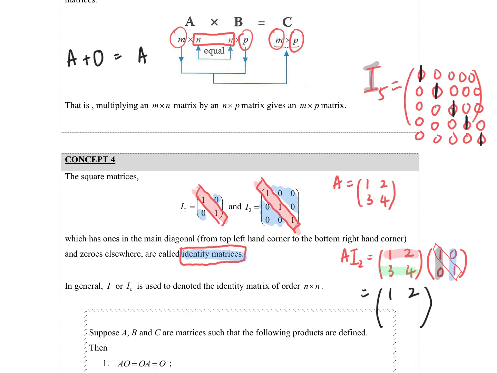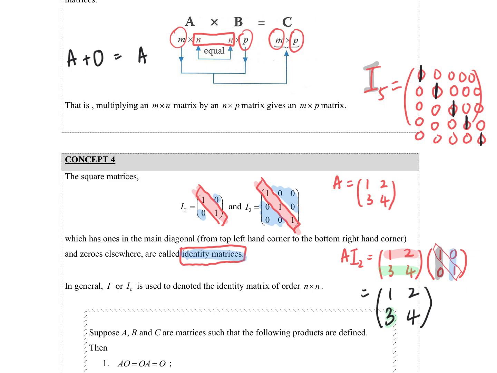I do the yellow row and multiply with the black column. So 3 times 1 gives me 3. 4 times 0 gone. So I get back 3. And then the last one, I do the green times the blue. So 3 times 0 is nothing. 4 times 1 gets back 4. So they realized that if I multiply by the identity matrix, I get back myself.